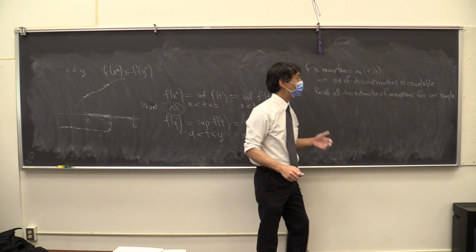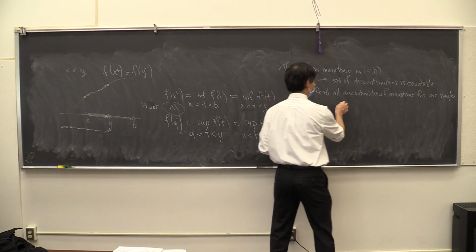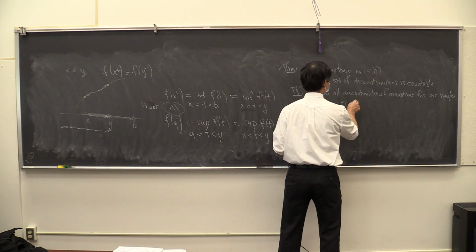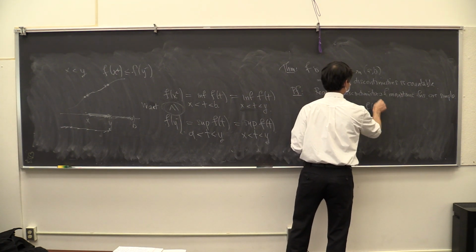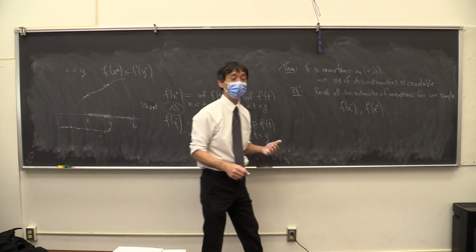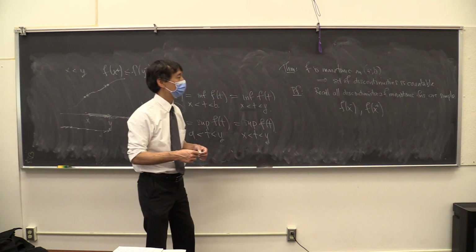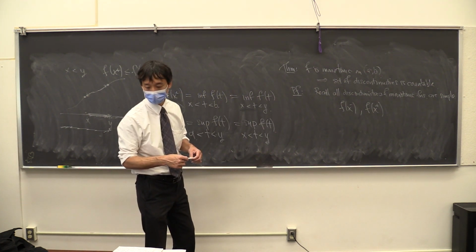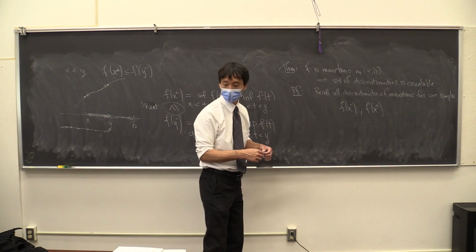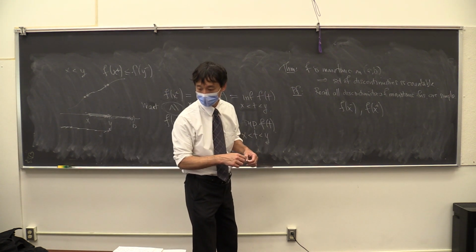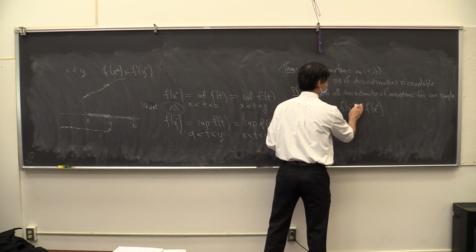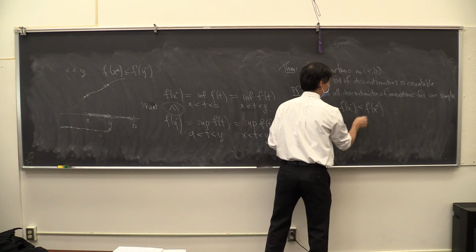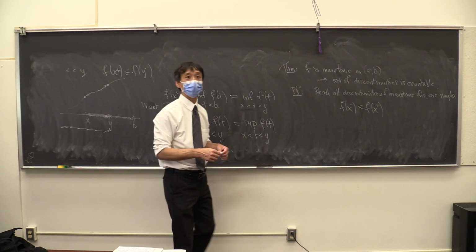All of them are simple, so there's going to be some left limit, and there's going to be some right limit. And we know that the one from the left is going to be strictly less than the one from the right.